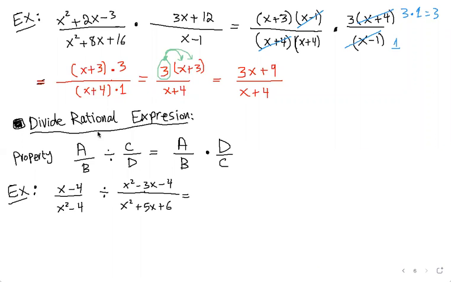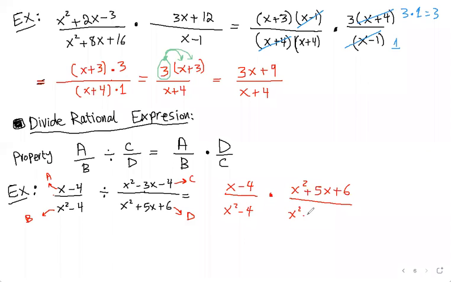So again, by using the property A over B divided by C over D: this is my A, this is my B, this is C, this is D. So A is x minus 4, over B, x squared minus 4, times the reciprocal for this one, D over C: x squared plus 5x plus 6 over x squared minus 3x minus 4. Make sense?